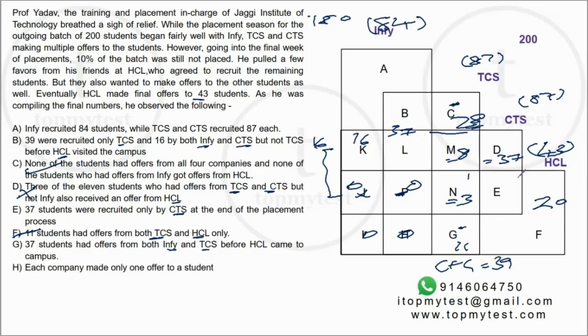Now let's work it slowly. We know the total under HCL is 43, out of which F, G is 11 and N is 3. E is the only one missing because the other 4 are 0. So 20 plus 11, 31 plus 3 is 34. So E should be equal to 9.